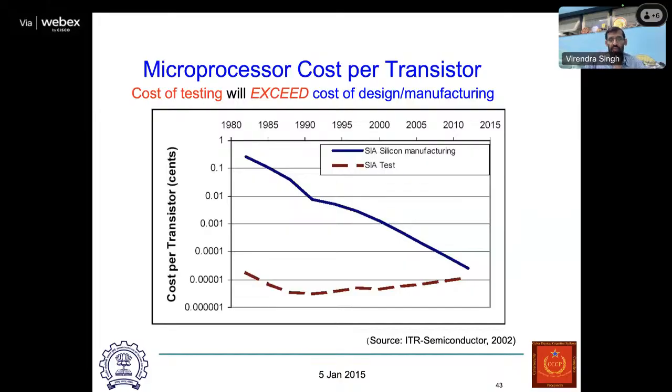Like Moore's law, which says that the number of transistors will double every 18 months, in a similar way there is a law for test vectors, that the number of vectors will double every 10 months. That is even faster than the number of transistors doubling. And therefore, keeping the cost constant itself is a big, humongous task.